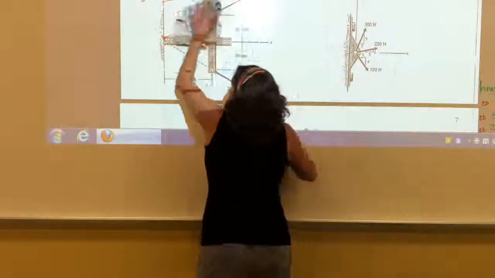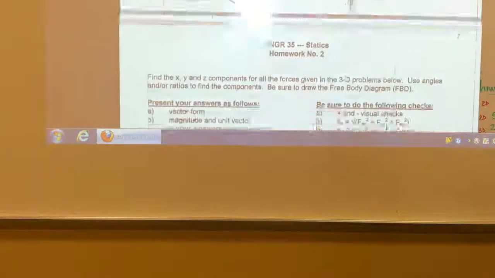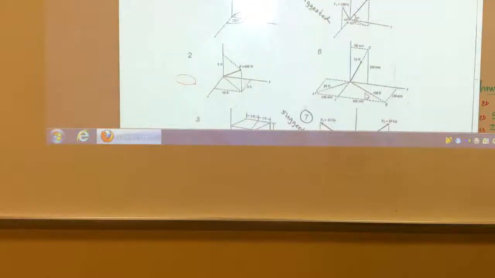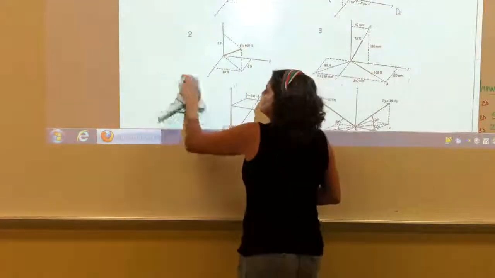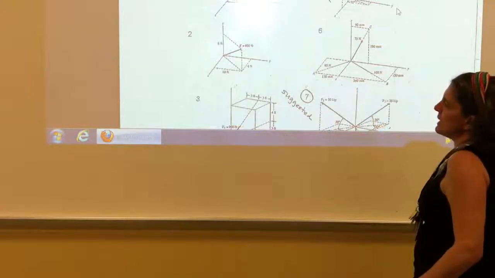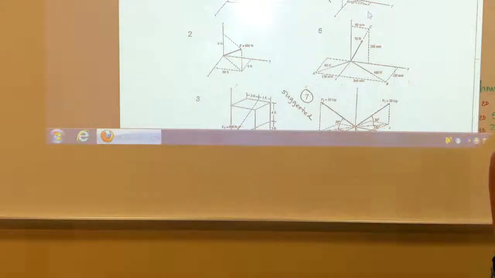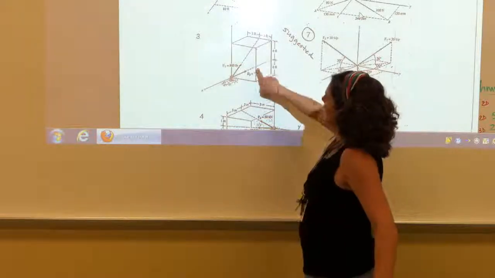And then there was a question in the 3D. Let's go to the next page. 3D, it was problem number 2. So again, you have to get comfortable in looking at 3D space. Let's look at 3 first. 3 may be more comfortable for you because they have the box here.